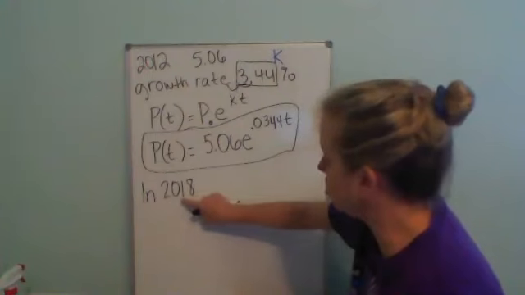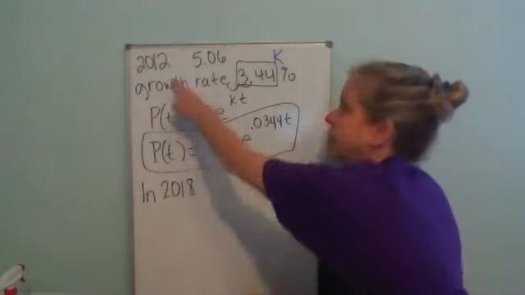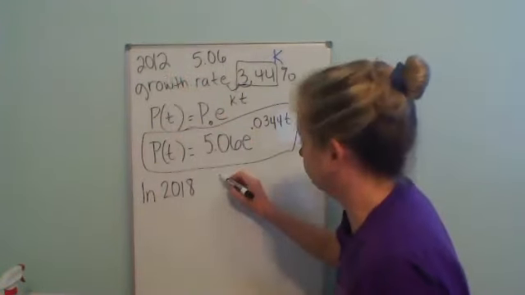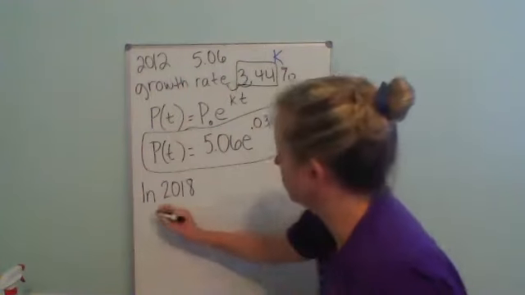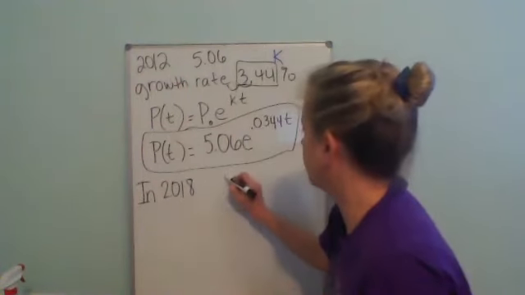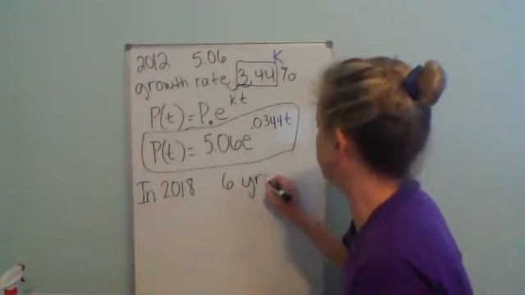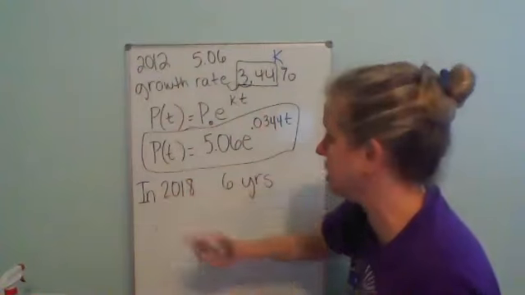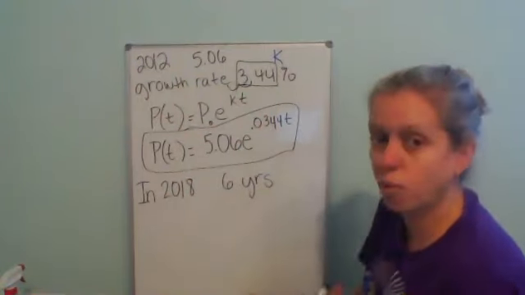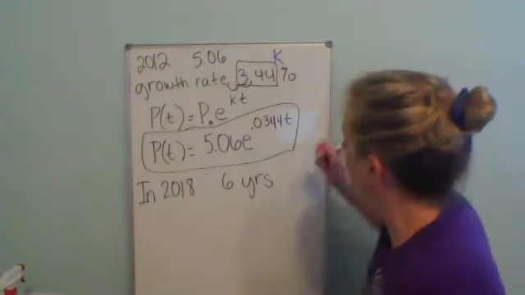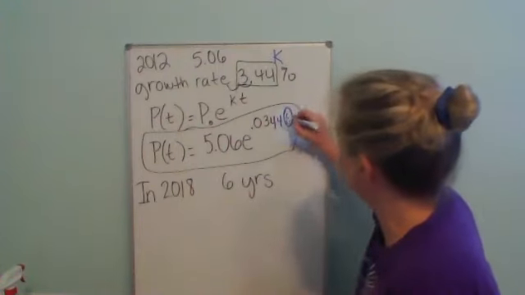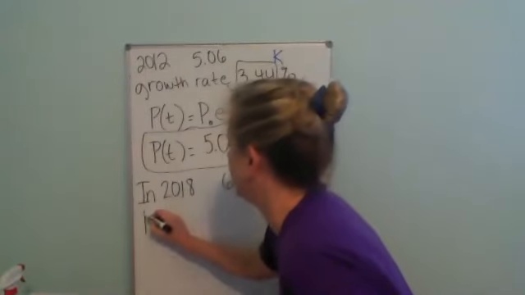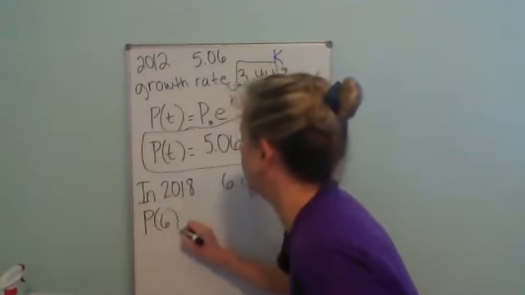If this year is 2018 and the beginning year is 2012, that means it has been 6 years since the beginning, from 2012 to 2018. Now I know what this t is. The t is going to be 6. So essentially what you're finding now is P of 6.